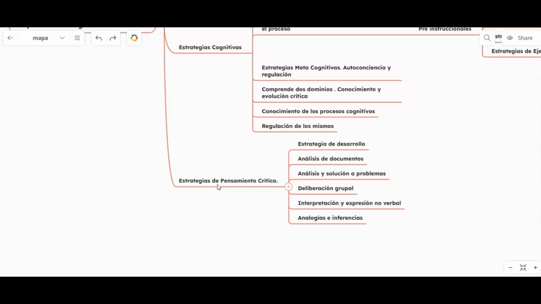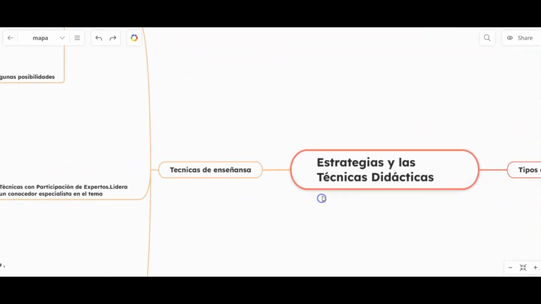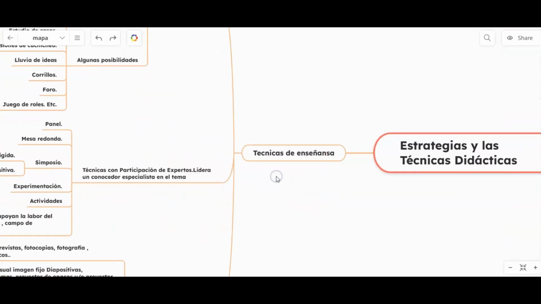Now, let's move on to the next section, where we are going to move to the didactic techniques. These involve well-structured processes that support the strategies in a more practical way, right?